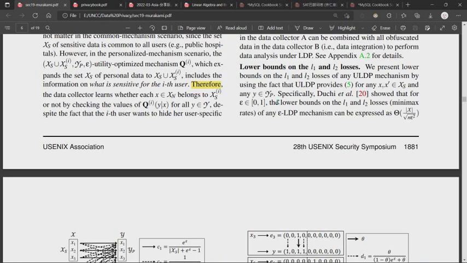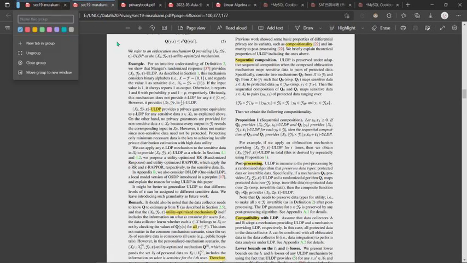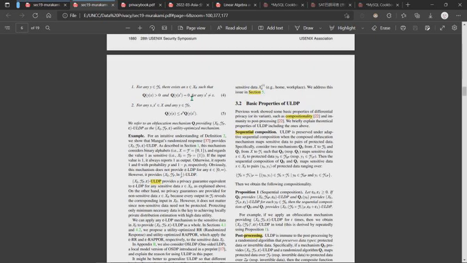So how do we interpret this? Because lower bounds on the... What do you mean 5?